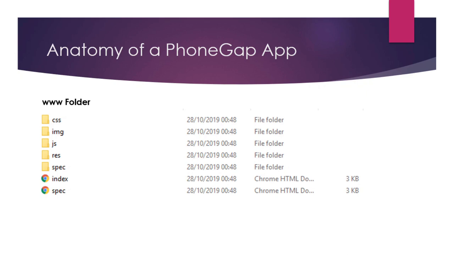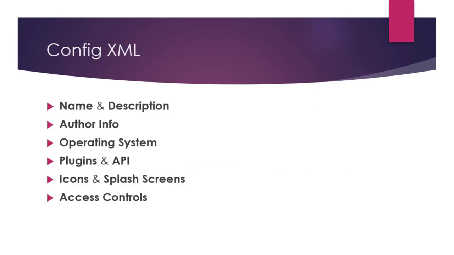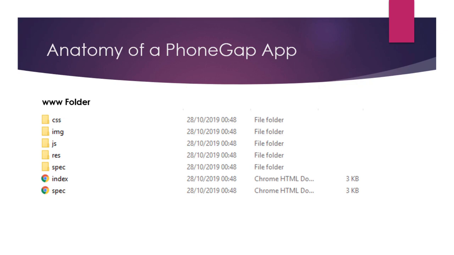Okay, so let's take a look at the config.xml file. I'll just mention this before I start going through it. When uploading your www folder, you really need to have a copy of the config.xml file.